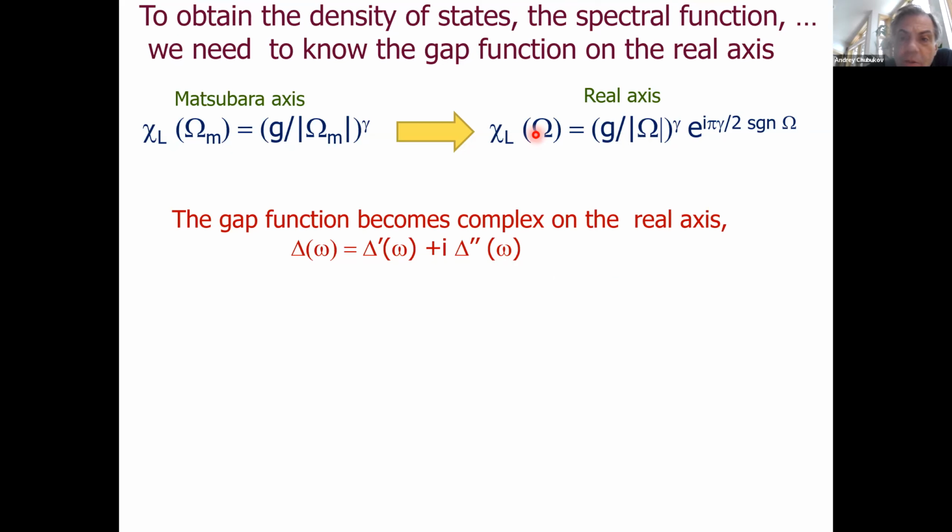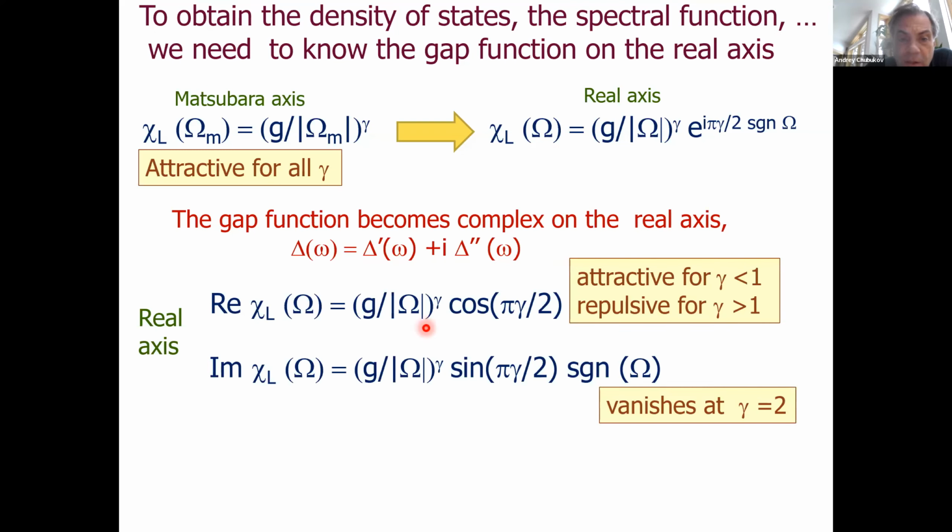But let's try to look at the sign of this interaction. When you look at it, you find that as long as gamma is small, everything is fine. Both interactions are attractive. But if you go to larger gamma, you find that the real part of the interaction on the real axis changes sign and becomes repulsive for gamma larger than 1. You may say, not a big deal, we don't know how to call the sign of a complex interaction.